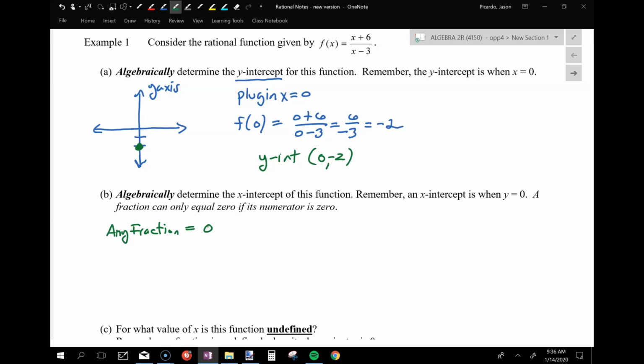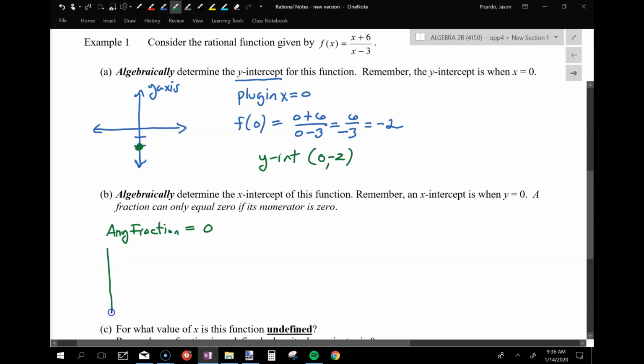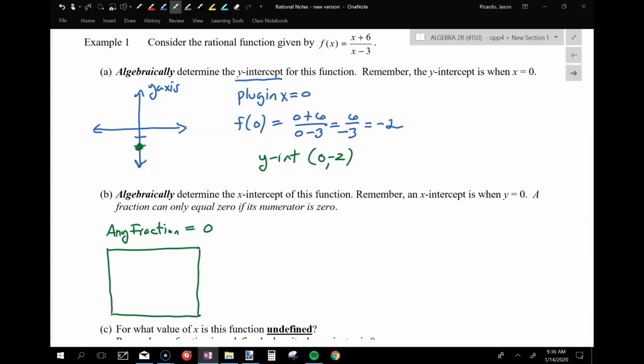Any fraction that is equal to 0. And I'm going to ask for the, ready? First, second, third.